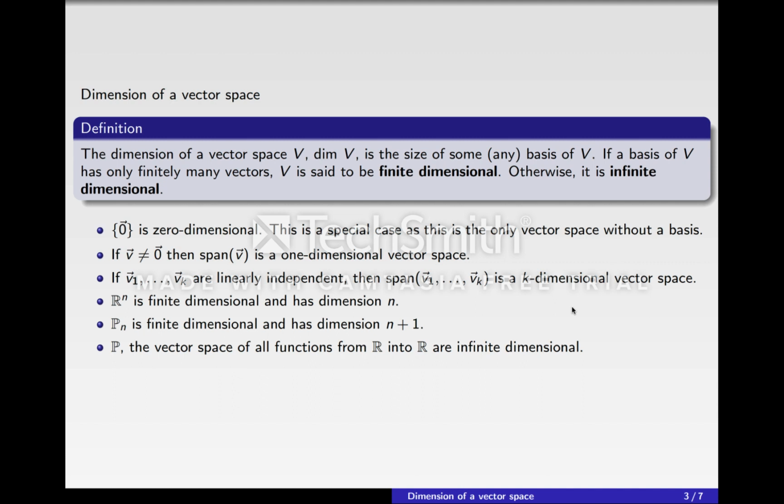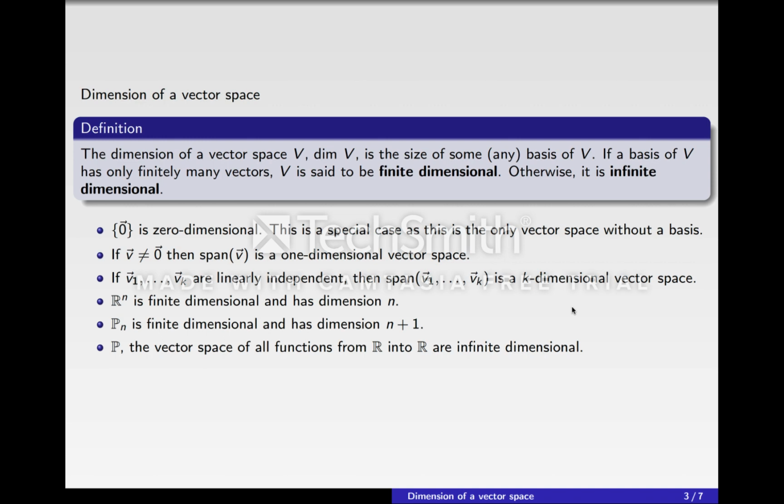It is the only zero-dimensional vector space. In other words, it's the only vector space without a basis. Just the zero vector there, so nothing in this set can be a basis. That's why it's called the zero-dimensional vector space, because it's got a basis of size 0. In other words, it has no basis.